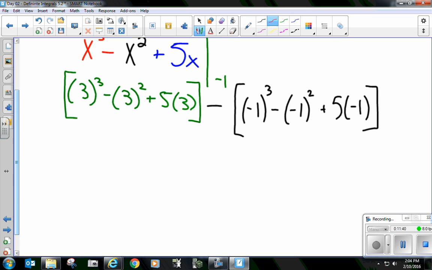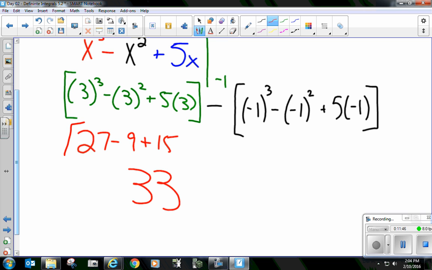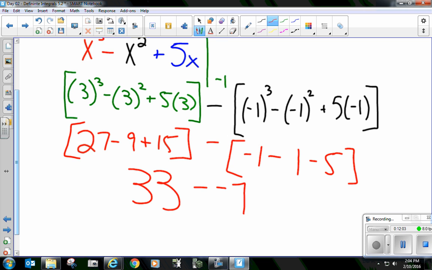So this is 27 minus 9 plus 15, which is 33. What do we got here? This is -1 minus a +1 minus 5, which is, what happens when we subtract the negative?